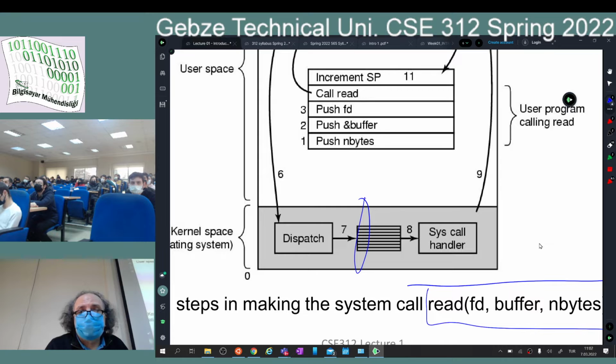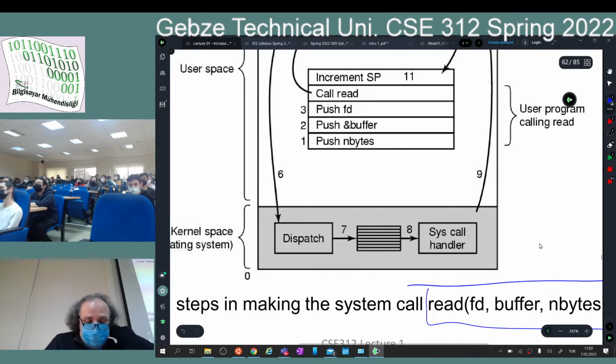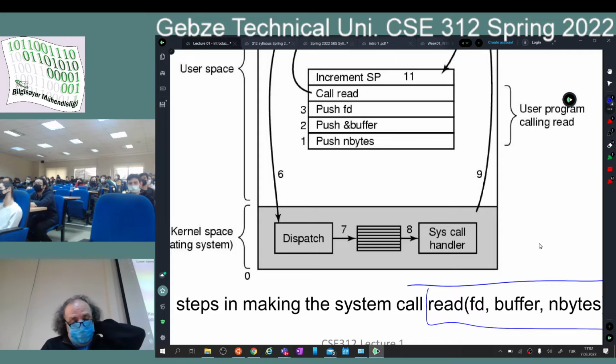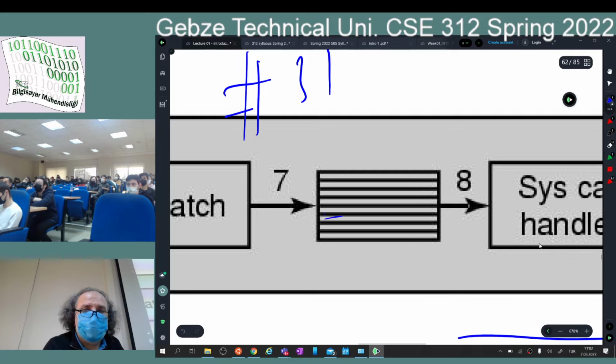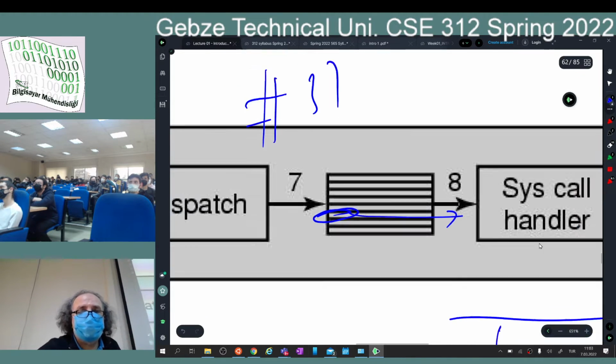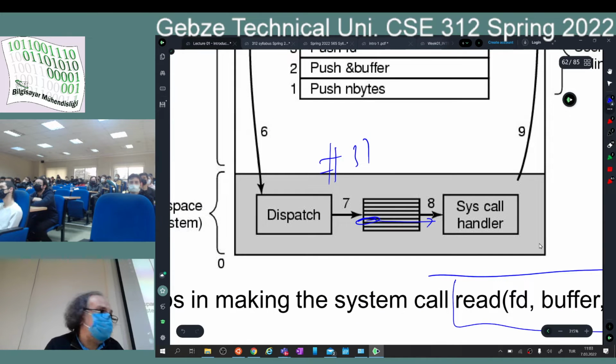When I make a system call, and my call number is number 7, or let's say 31, it looks up this number 31 here. It says, okay, this is the one that I like to run now. It's a function pointer, obviously, and it tells this function to run. That function runs, and that's what happens.